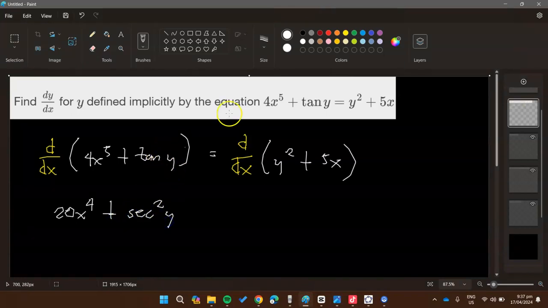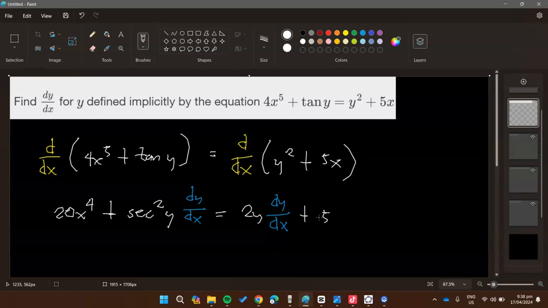And then again, that is y, so we will write dy/dx equals the derivative of y squared, which is 2y, and again dy/dx, plus the derivative of 5x, which is just 5.